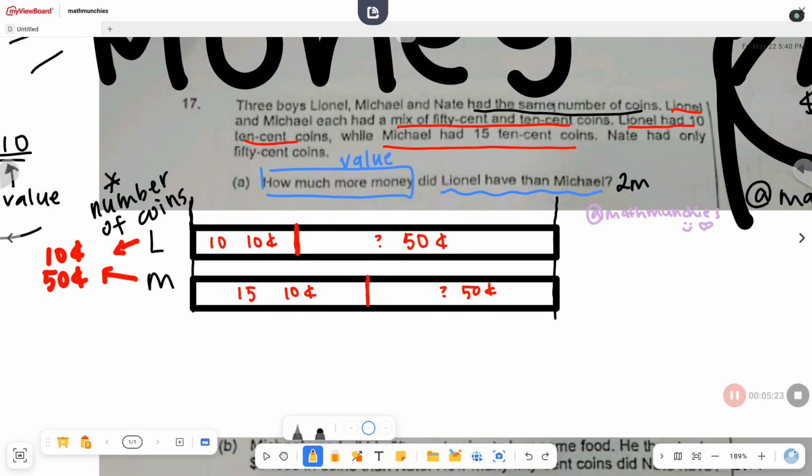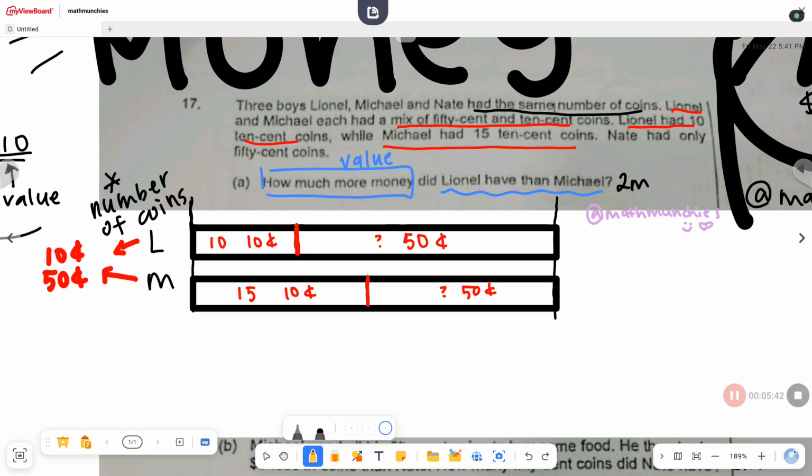Okay, so right now, guys, we're going to move on to finding how much more money Lionel has than Michael. This question is not easy because a lot of people do not know how to do it. And this is a PSLE inspired question. Okay? So, can you see here, guys?